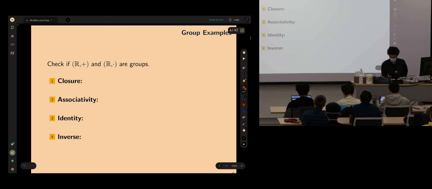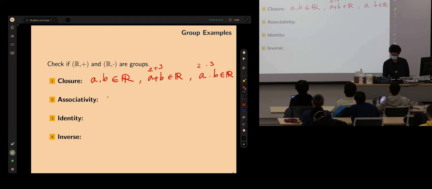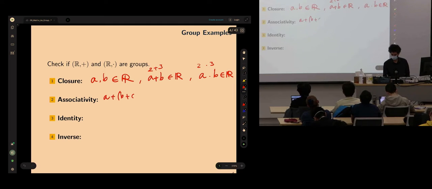Well, let's quickly verify. If a and b are real numbers, we already know that a plus b is also a real number. We know a times b is also a real number, just to verify both groups. So there is closure. Like 2 plus 3, 2 times 3. We also know that (a plus b) plus c is the same thing as a plus (b plus c).